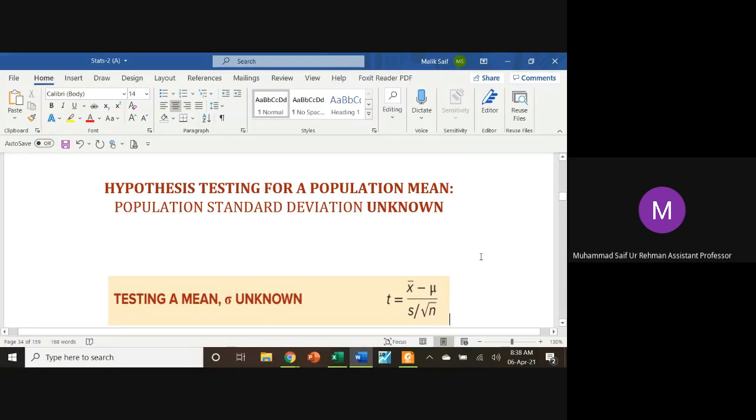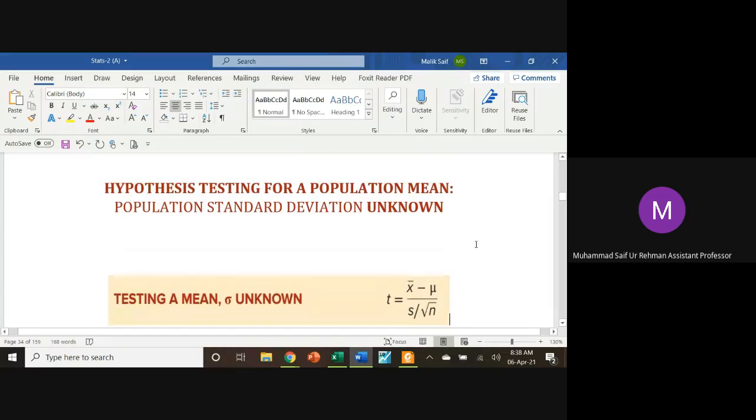So now we are familiar with the concept of not only the Z distribution, but we also know how we would take help of the Z statistic in different situations wherever it is required.